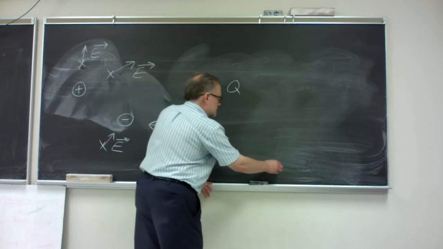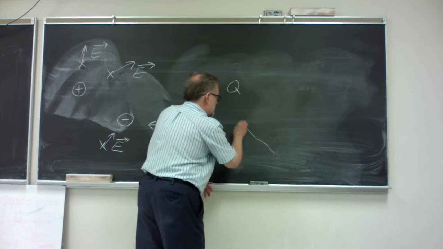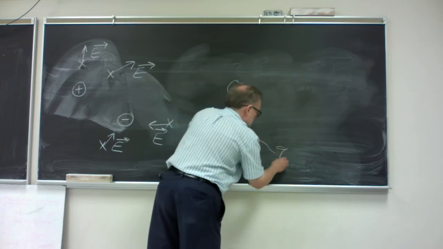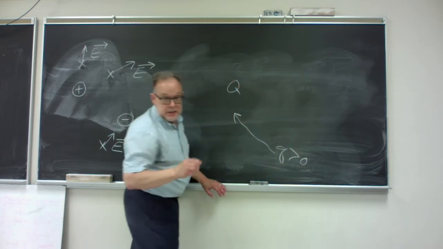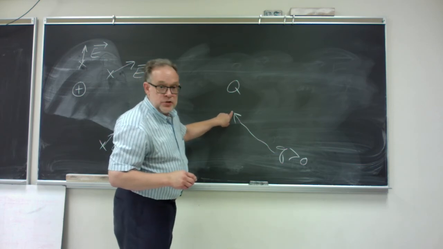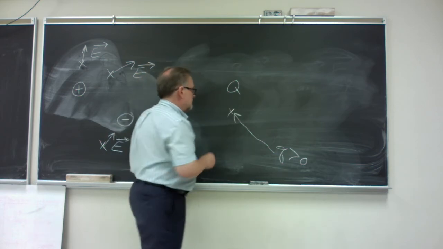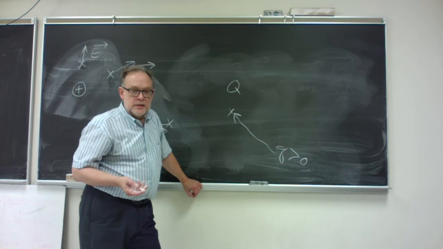So imagine lowercase q, and we're still thinking of it as positive, comes into this region and lands right here. So what then is the magnitude of the electric field at point X?